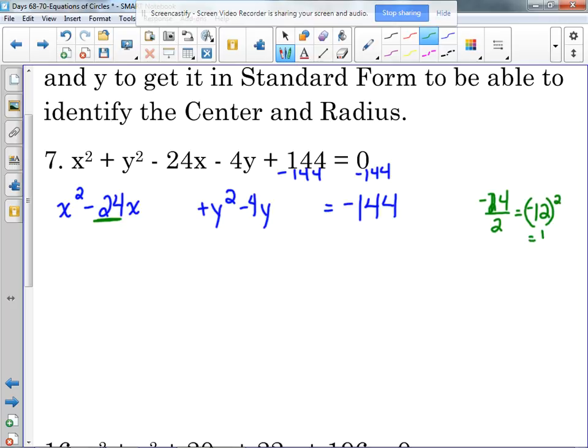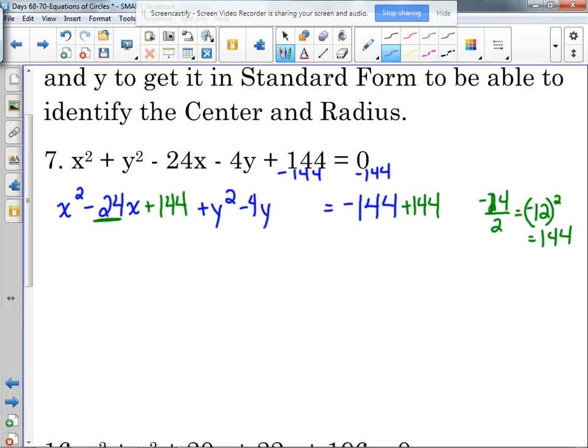Square it. 12 squared is 144. So we add that right there. Not changing the shape or the size. And we have added something to our equation, so to keep it balanced, we've got to add it to the other side as well. Just for practice, what is our radius? I have to turn around and add it to the right side so that it's balanced. Okay, the radius is 4.